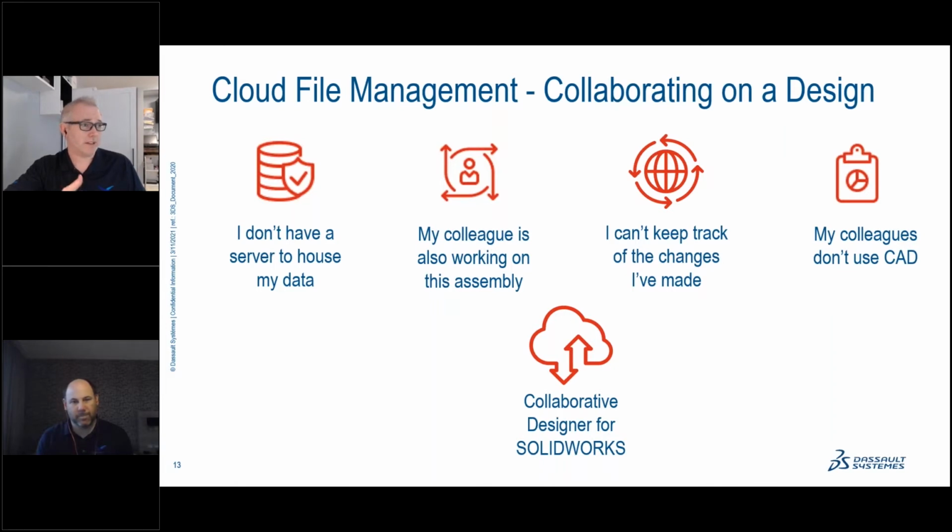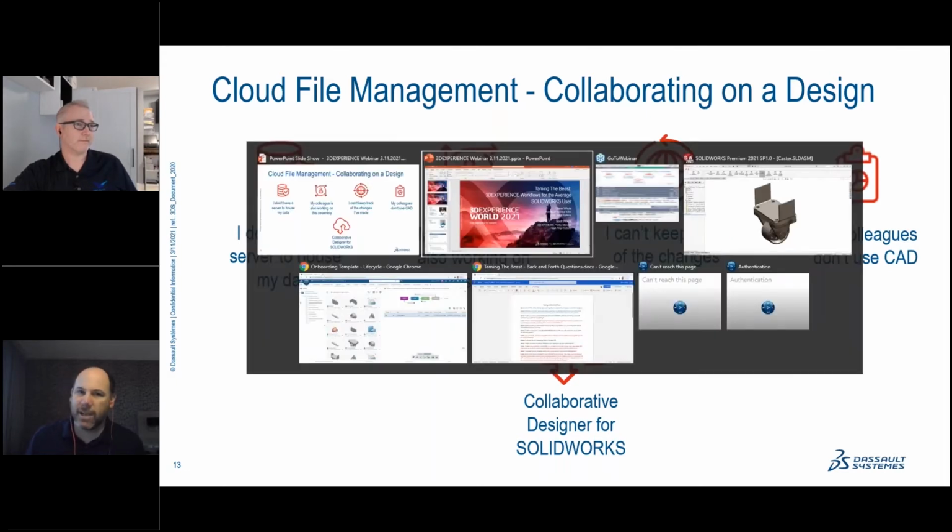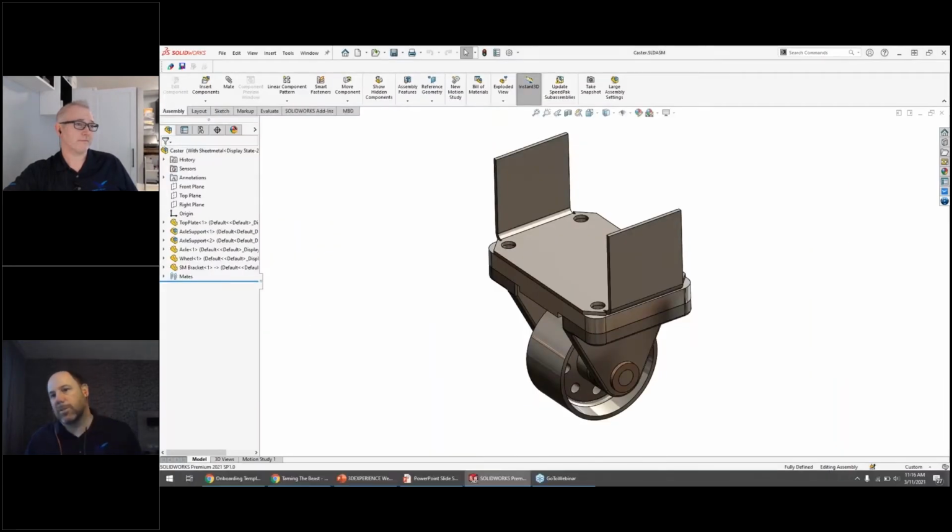And just like my next section that I'm going to do, I pulled that from your workspace, so it just worked out really well. And look, we've never had a corporate network at Hawkridge here. We have so many disparate offices, it's just never made sense. And all of our collaboration is by email. But now with tools like the Collaborative Designer for SOLIDWORKS, we're able to do it a lot cleaner.